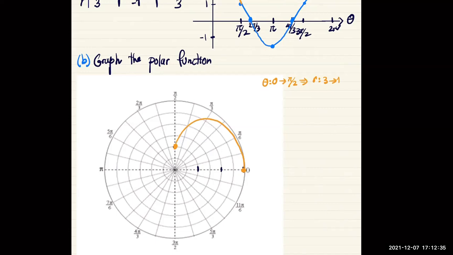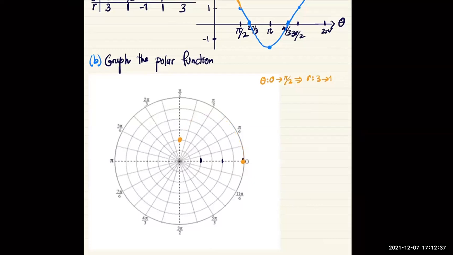So something like that. It's a little too big. Again, this graph is not perfect. It's not really accurate in terms of where the points are, but it describes the behavior.